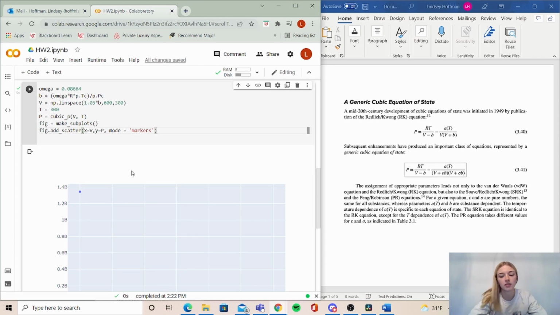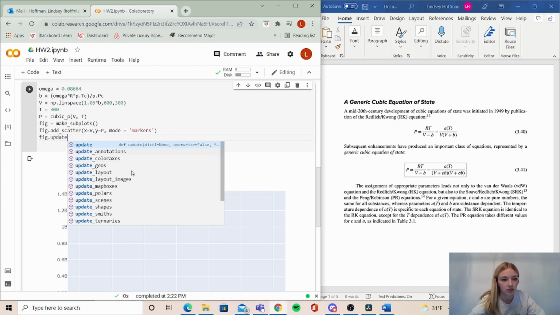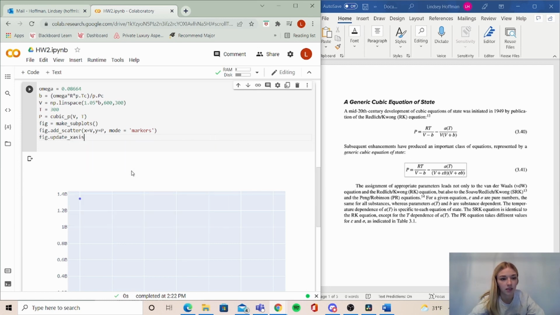To do that, I'm going to do fig update, and we want to update our x-axis. What we're updating is the plot type. We want it to be log instead.